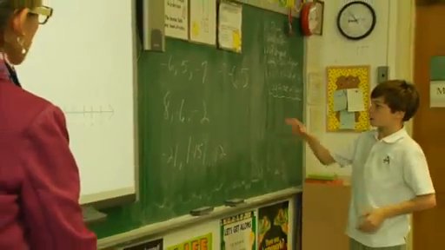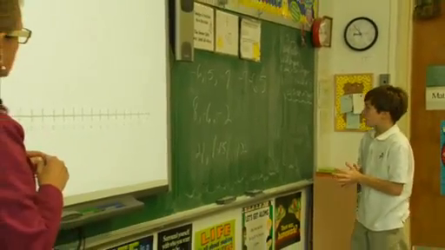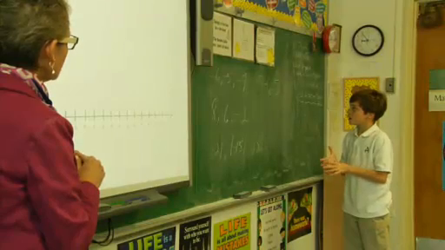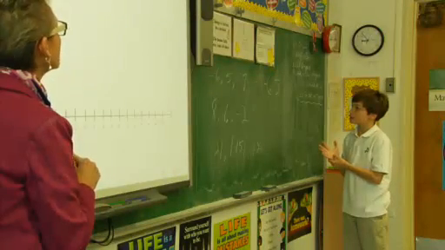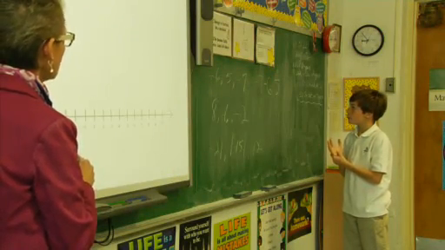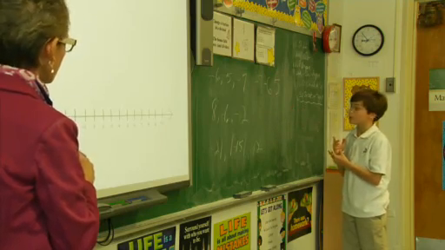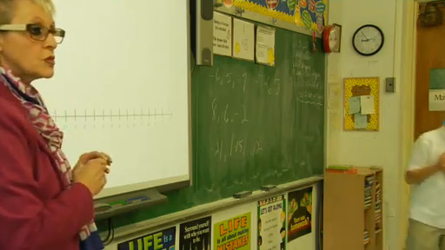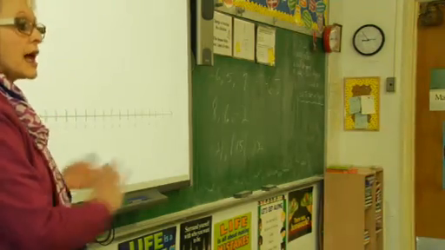Well, I looked at the negatives first, and I figured out that 7 was less than 6, so I knew that 7 would go first, and then I knew that 5 would go last because it's a positive number. Okay, so we're good with this? Good. Okay, great.